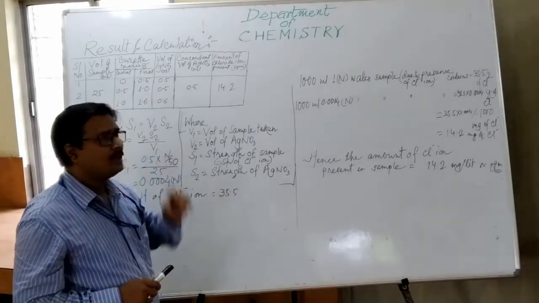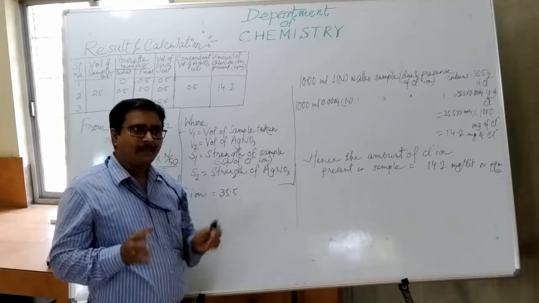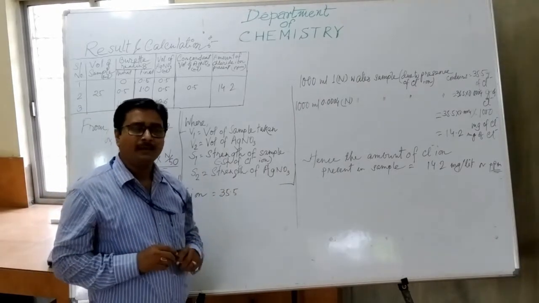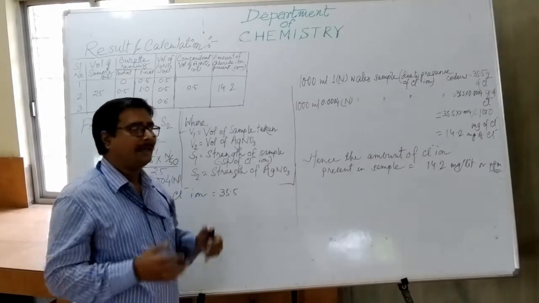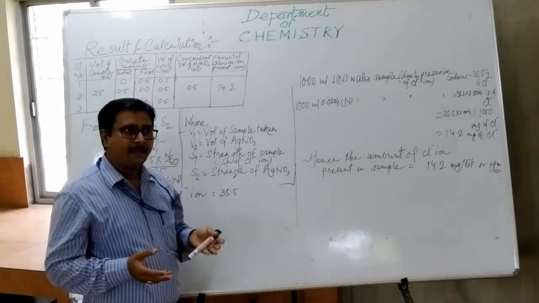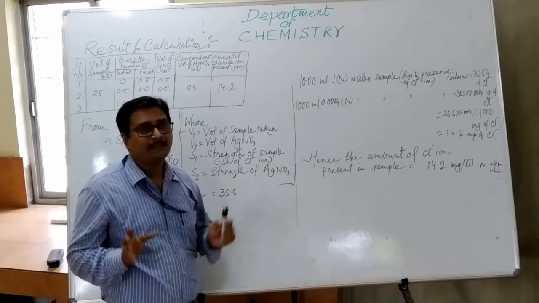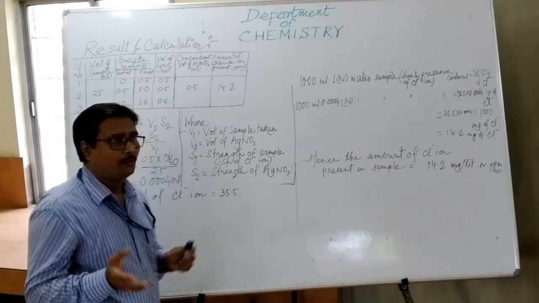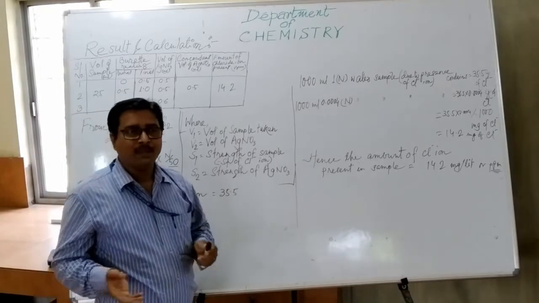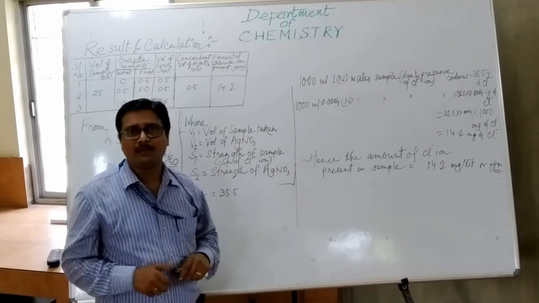Now if we do the practical properly, starting from using the apparatus properly and then repeating properly, then every time whatever observation we take should be the same. But it is not possible most of the time, because we are human beings and there may be some errors.